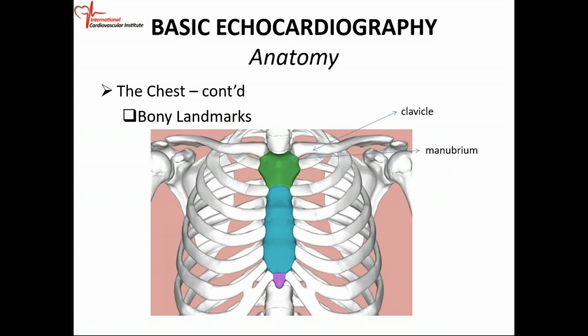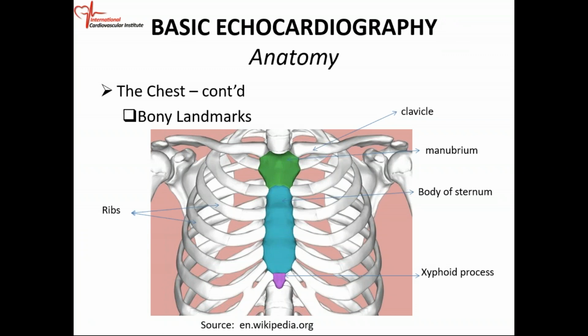The manubrium is the uppermost portion of the sternum, the broader portion. The body of the sternum is the lower portion, and the lowest portion of the sternum is the xiphoid process. All these landmarks we're going to refer to quite commonly when we talk about echo.